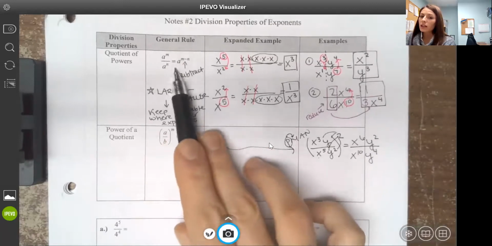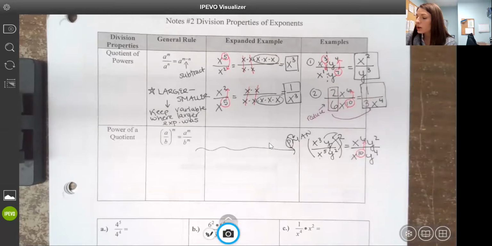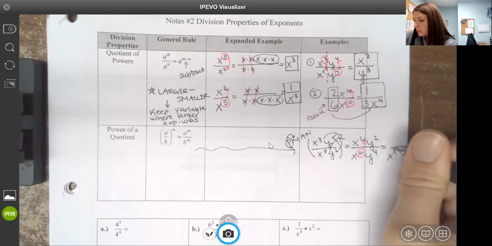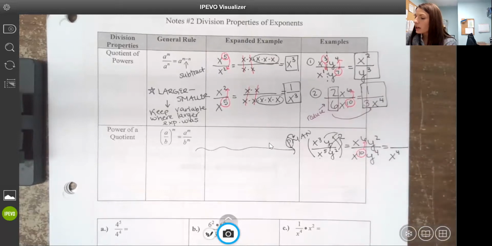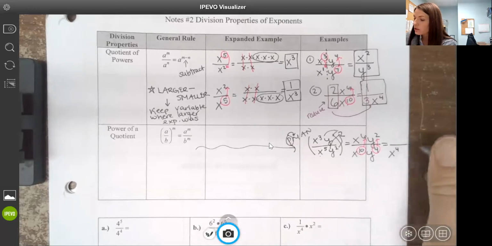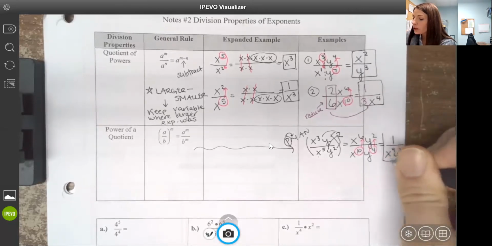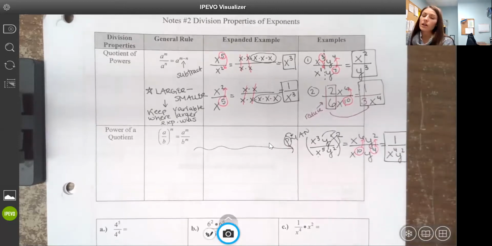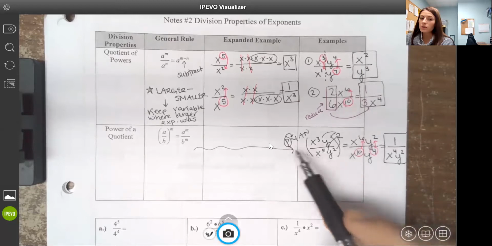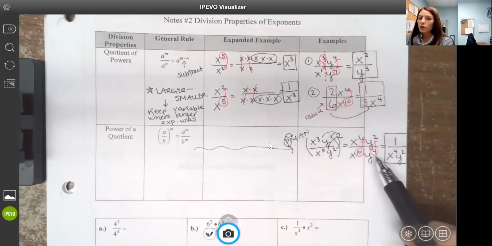Now I'm going to subtract. 10 subtract 6 gives me 4 factors of x, and it would be in the denominator. And 4 subtract 2 gives me 2 factors of y, also in the denominator, and so I need a 1 in my numerator there. Okay, so that's one way I could approach this problem: square everything, which means we multiply exponents, then deal with the division property.